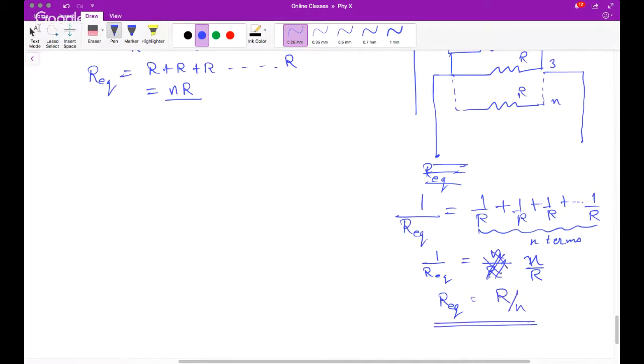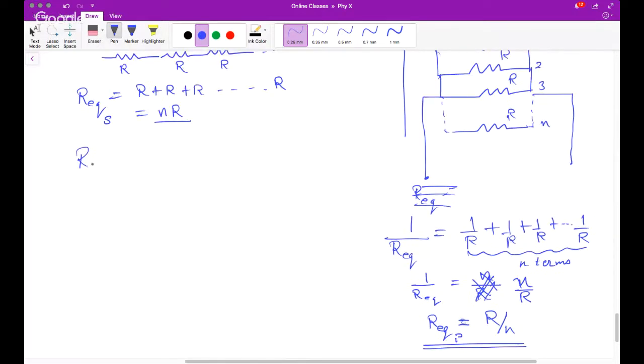So R equivalent in parallel is R upon n. Now the ratio. So R equivalent in series upon R equivalent in parallel is nR divided by R upon n, which is n square by 1. Understood?